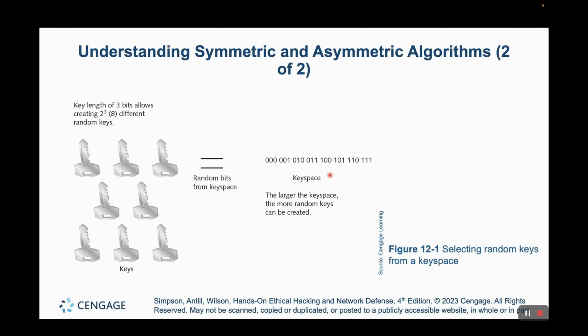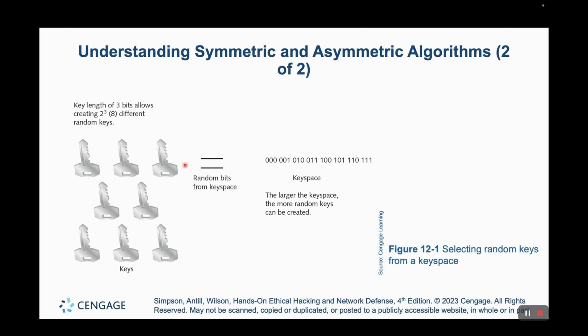Now, let's try to understand the key space here. A key length of 3 bits, as an example, allows creating 2 to the power of 3, equal to 8, different random keys from the key space. We can see that it's a very small key space, which means it's easy for the attacker to figure out the key to break or decrypt the data.